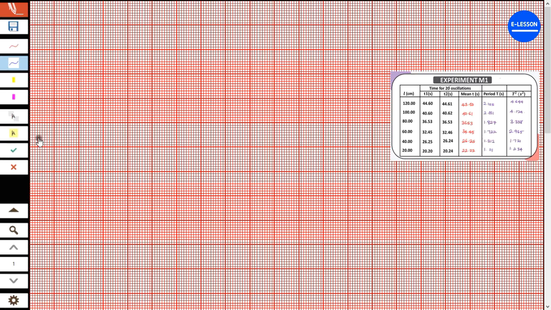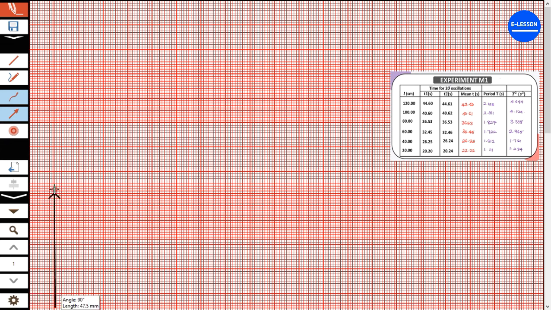Now the first thing we do is to rule two lines indicating the x and y axis. So I'm going to look for the lines to rule. So these are my lines and I'm going to rule them. Let's say you have the line like this. Now this line, we are going to name the y axis, and then we are going to rule another line.